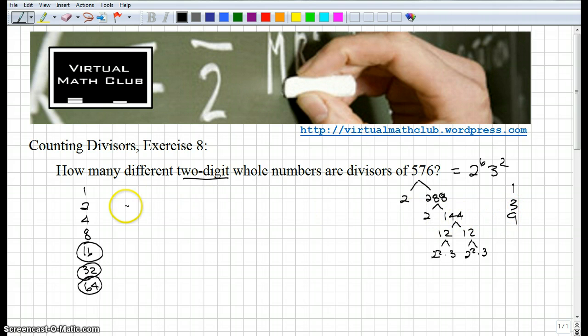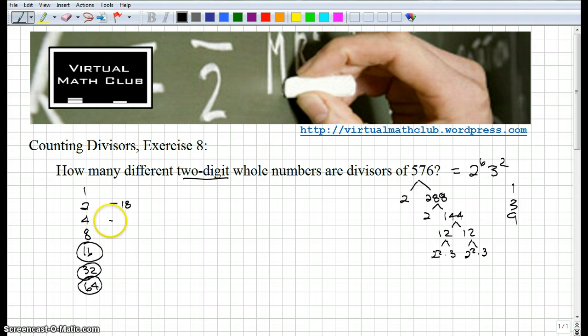Okay, so if we look at 1, well, there's no 2's in that one, so that would be 1, 3, or 9. So no two-digit divisors there. If we combine 2 and a 9, we're going to get 18. So 18 is going to be a two-digit divisor. 2 times 1 and 2 times 3, those aren't going to give you two digits.